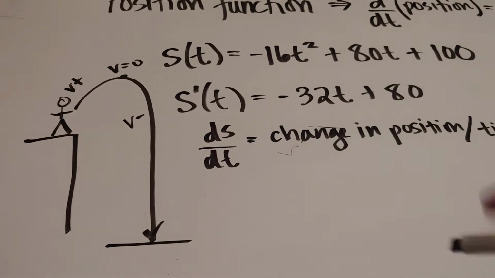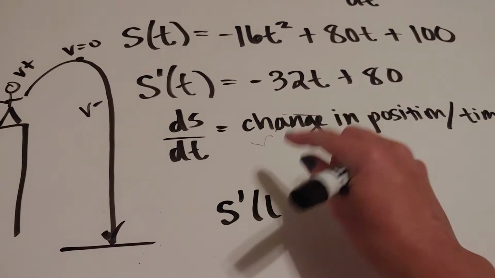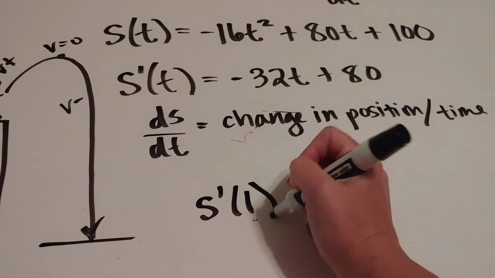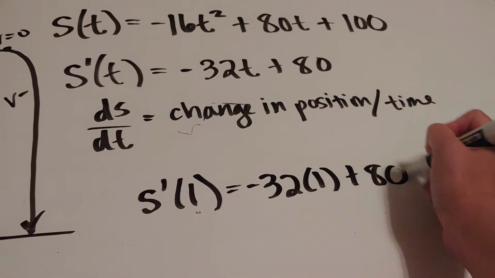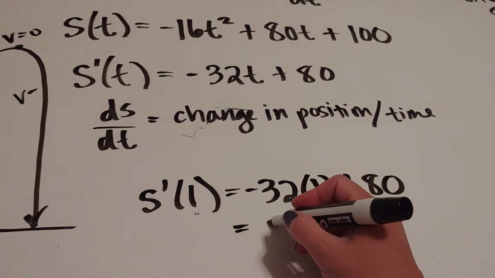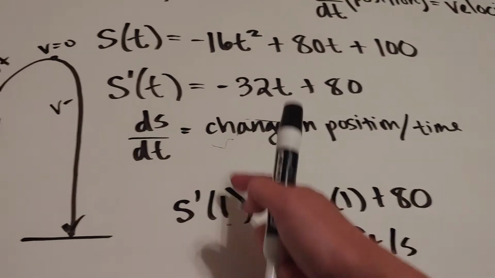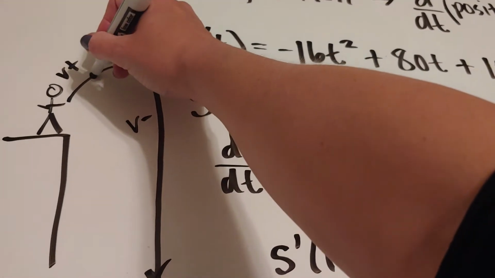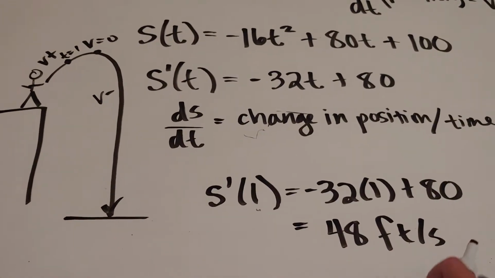So if you wanted to know what is the velocity when it's at 1 second, all I would do is plug in 1 into this equation, and I think I get a positive 48. So I already know that at 1 second, it's somewhere over here. Over here, t is 1, it's traveling at a velocity of 48 feet per second.